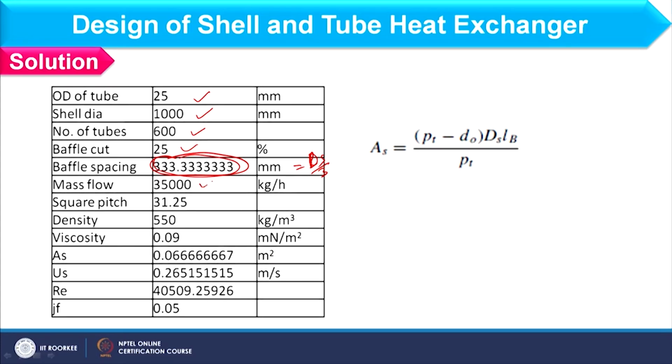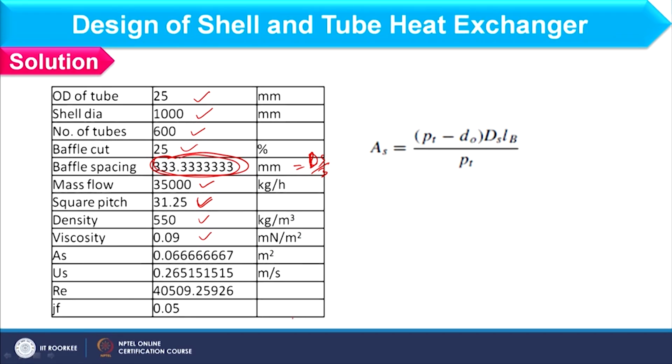Mass flow rate is given to us, which is 35,000. Square pitch, because 25 mm is the OD, you can find out the pitch, which is 1.25 into OD. Density of the fluid is 550, viscosity 0.09, right.